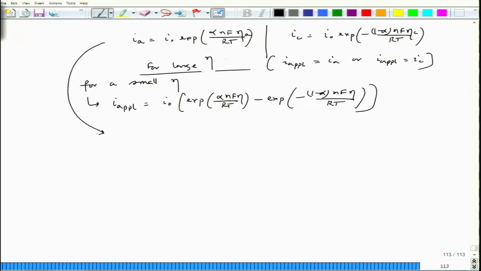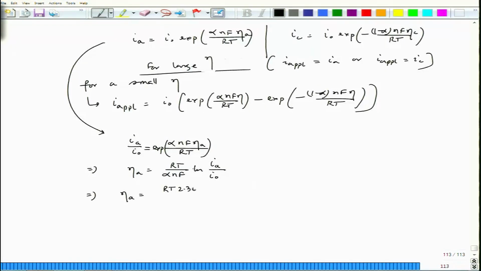So, let us simplify this particular equation. Ia by I0 equals exponential alpha nF eta A divided by RT. Then I can write eta A equal to RT by alpha nF ln Ia by I0, or eta A equal to RT times 2.303 by alpha nF log Ia by I0.